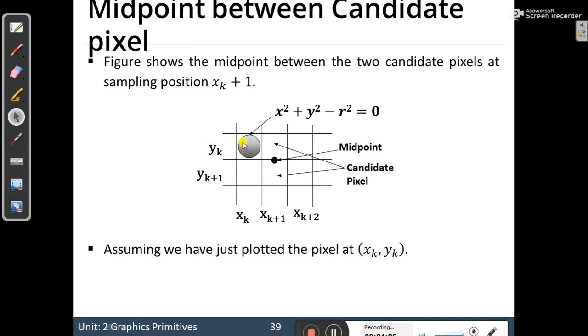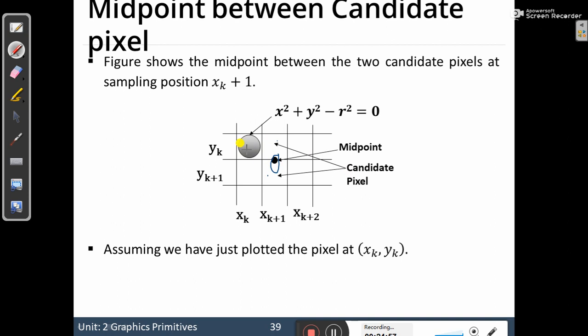Then we need to plot one of these two candidate pixels, and the midpoint of these candidate pixels is this one. So now we have to find whether this point is inside the circle line or outside the circle line. If it is inside the circle line, we might choose this pixel. If it is outside the circle line, we might choose this pixel. So these are the candidate pixels.